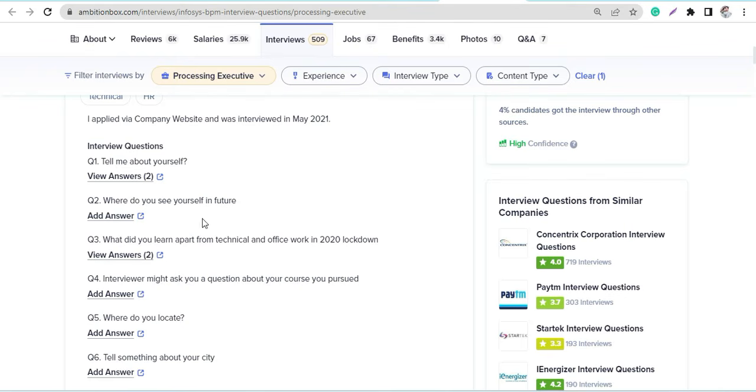So tell me something about yourself, then where do you see yourself in future, then apart from the technical and office work, what did you learn in lockdown 2020? So you can tell them what you have learned. It could be related to work, or it could be a generic life lesson.